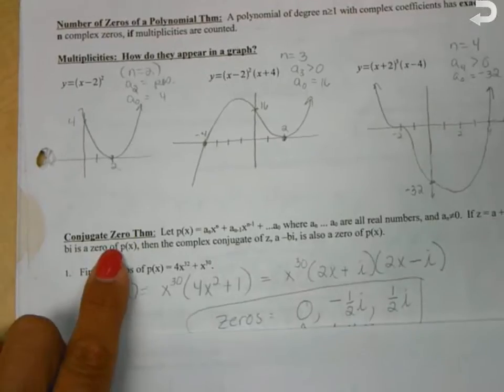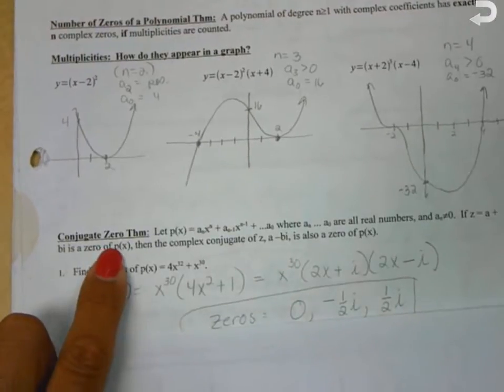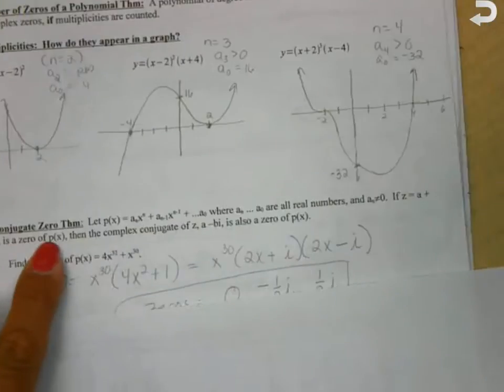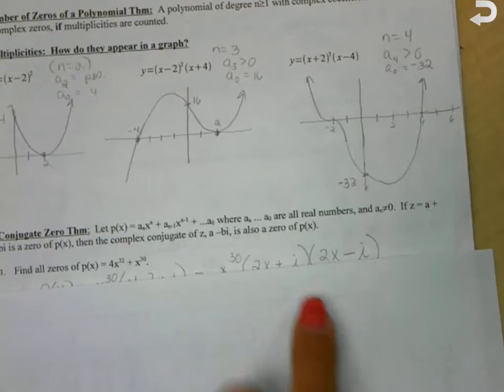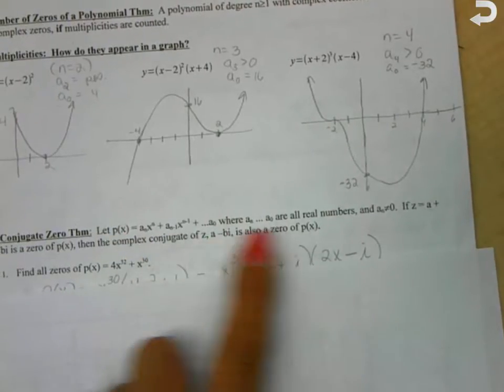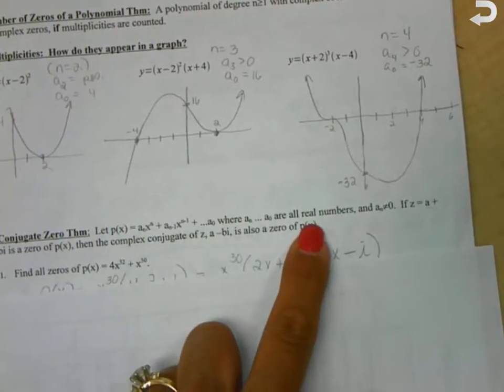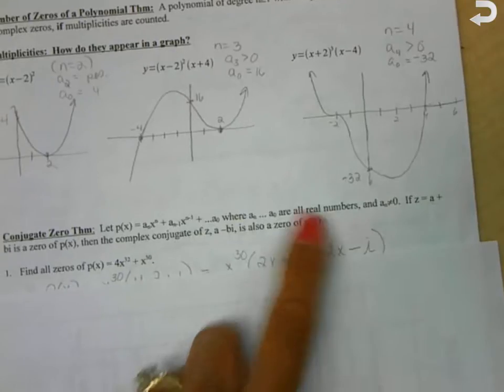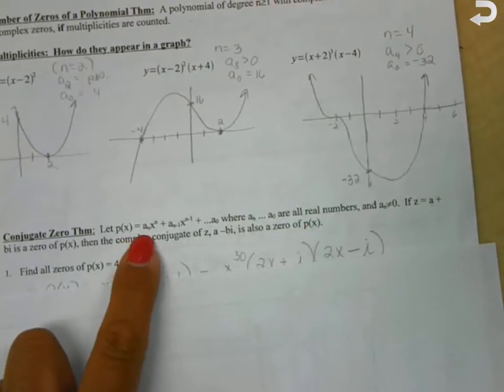Now in Algebra 2, you also had the complex conjugate zeros theorem, or the conjugate zero theorem. And remember, if I have a polynomial and the coefficients on the polynomial are real numbers. Now these coefficients for this theorem can't have i's in terms of the a sub n's. They have to be real numbers.